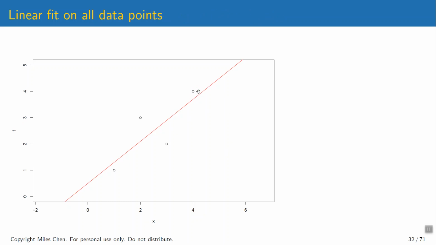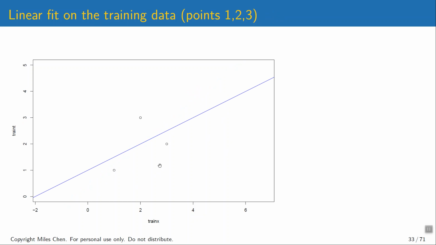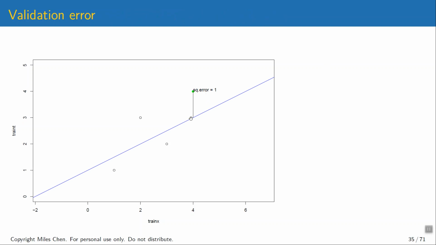We can see that when we have all 4, it does a better job of predicting the validation point. But here I only have these 3, and I'm fitting a model on these 3. Here's the validation point, and we measure its distance from its prediction, and we square that. It turns out the squared error is exactly 1 in this case.